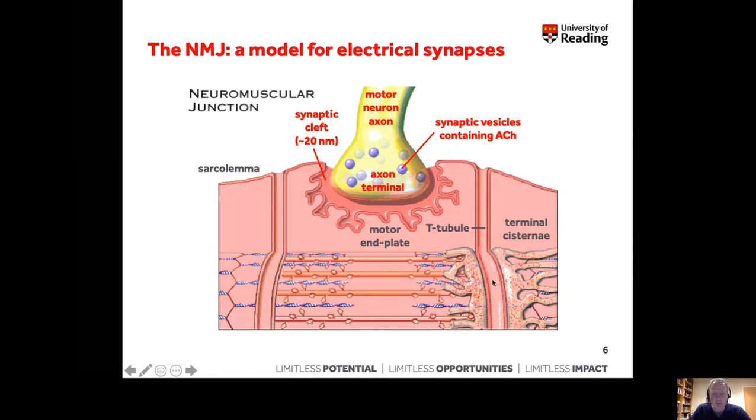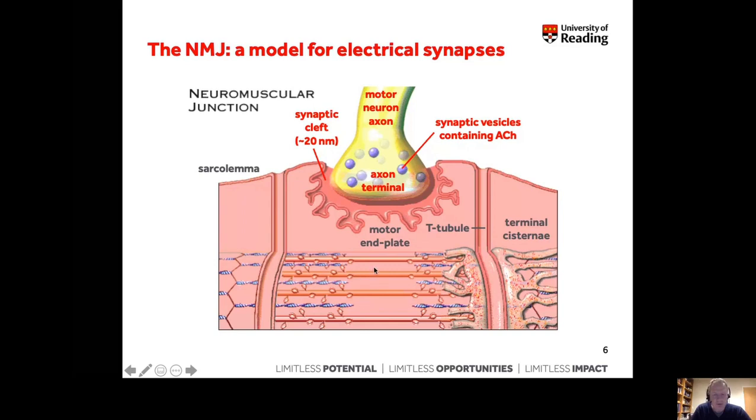A T tubule is basically the invagination that separates one motor end plate from other motor end plates on either side here. And these are called terminal cisternae. Cisternae are just these stores, if you like, which contain calcium.